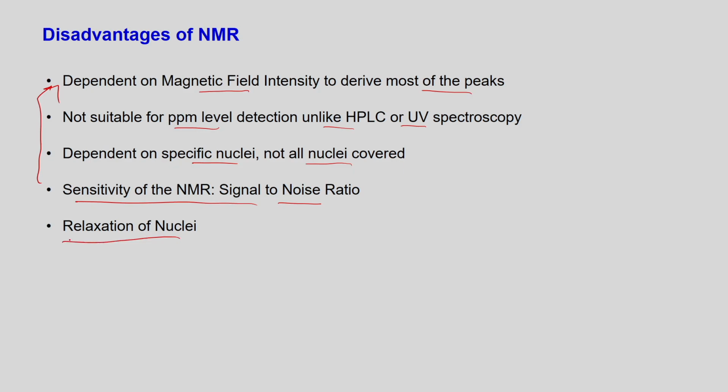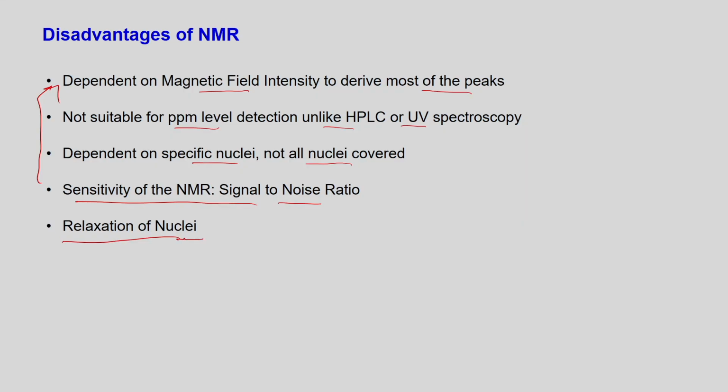This is an important concept which we will take up in detail in the next lecture. It means that when a particular energy is sent to a nucleus, it will excite the nucleus, but the entire molecule will not relax that quickly, it will take some time to relax. It will decay exponentially, and that is where the problem sometimes arises: the relaxation of nuclei.